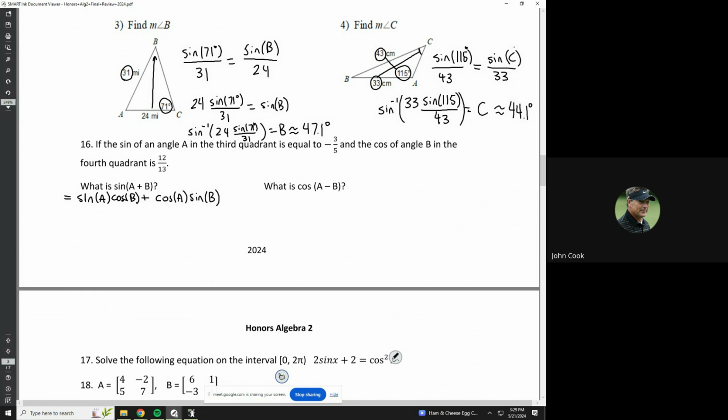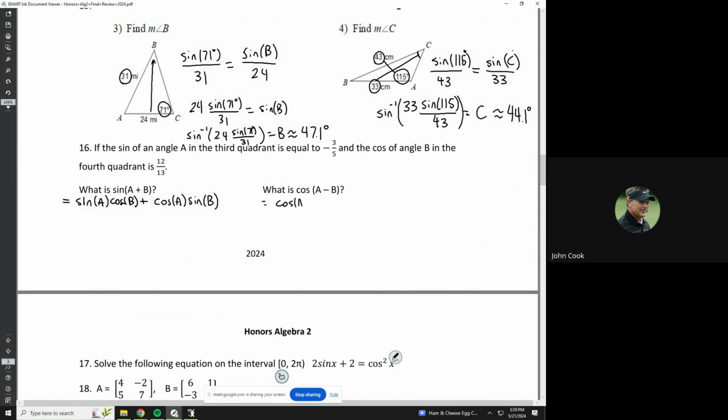And then for cosine of A minus B, this is equal to the cosine of A times the cosine of B, and then plus the sine of A times the sine of B.